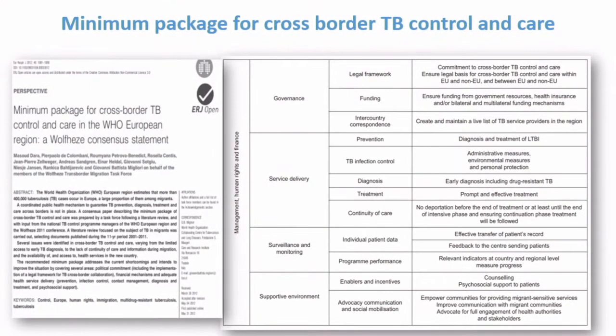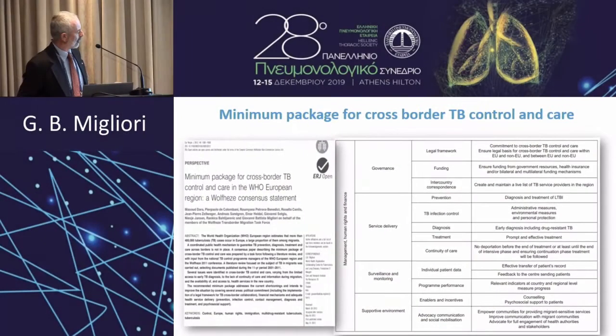This is the document we produced with the WHO European Office. And those are some of the minimum package components: governance, service delivery, surveillance monitoring, and support. And in terms of service delivery, it's clear that proper diagnosis, treatment, prevention, and continuity of care are the priorities.